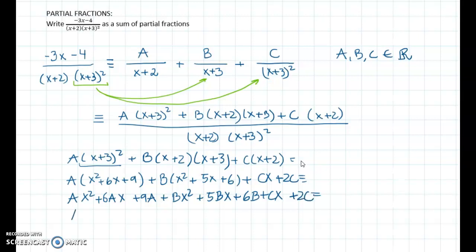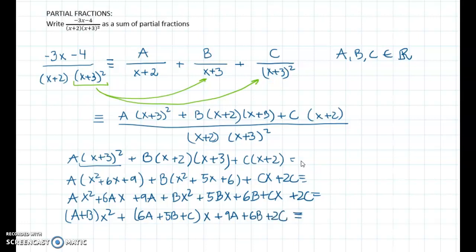And if we write this in terms of x², x, and independent terms, (a+b)x² + (6a+5b+c)x + (9a+6b+2c).